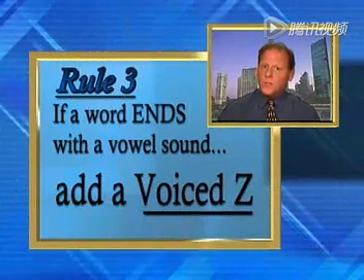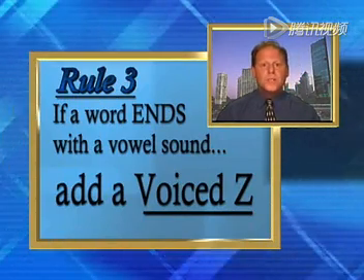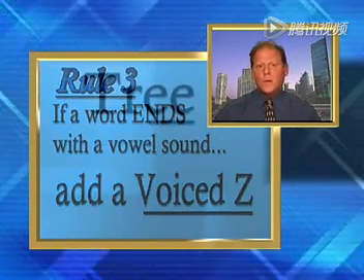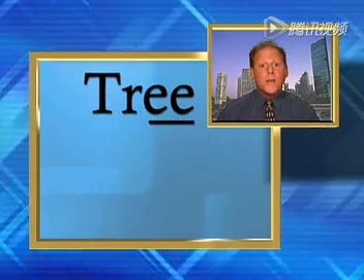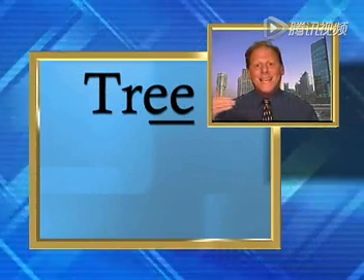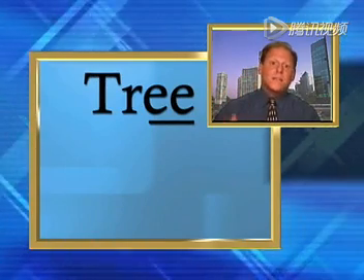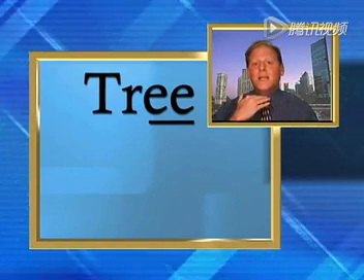Okay, here comes the third rule. This one's easy. If a word ends with a vowel sound, all you do is add a voiced Z. It's simple. Let's look at the word tree. The last sound you hear in that word is the vowel E. And remember, a vowel is always voiced. So the word ends in a voiced sound.